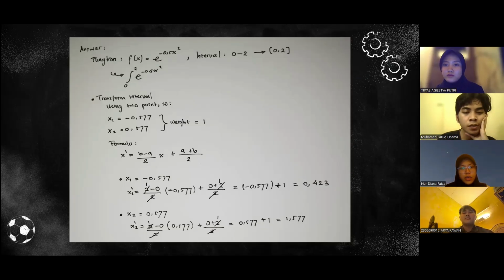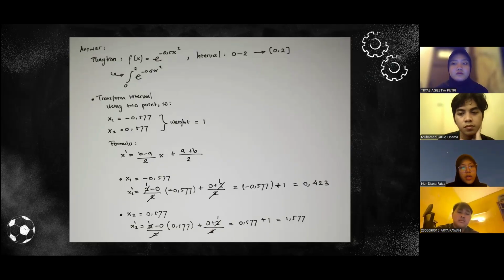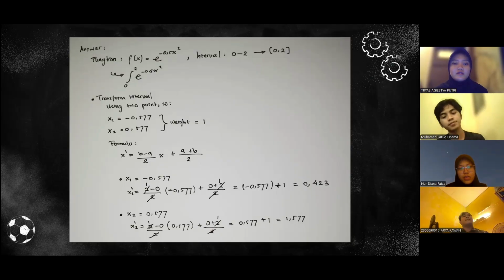So we add x1, which means minus 0.577, to this formula, and then we get x-action 1 is 0.423. We do the same for x2 to get x-action 2, which is 1.577.